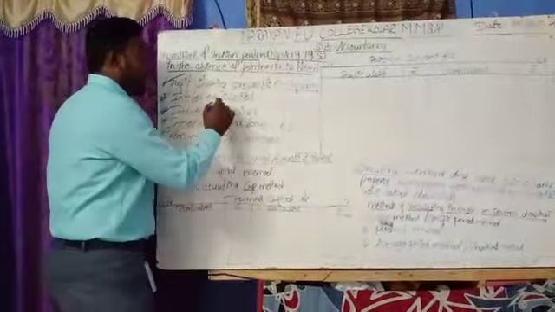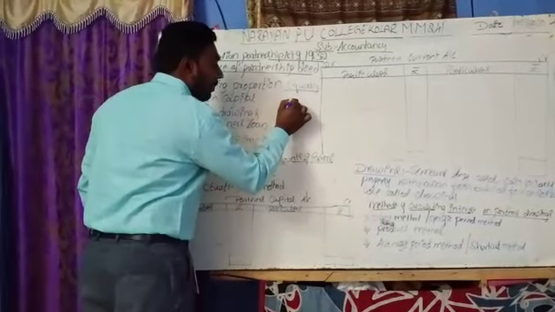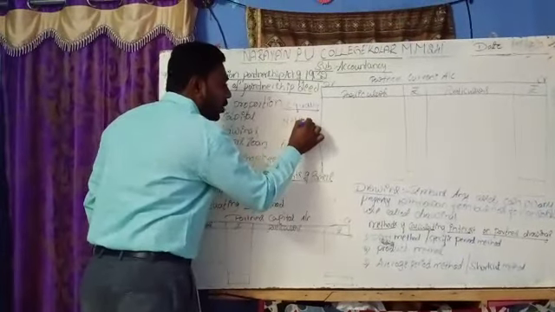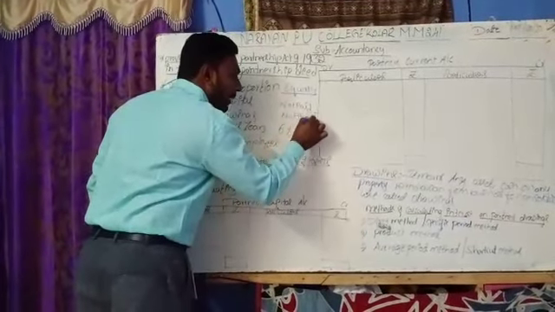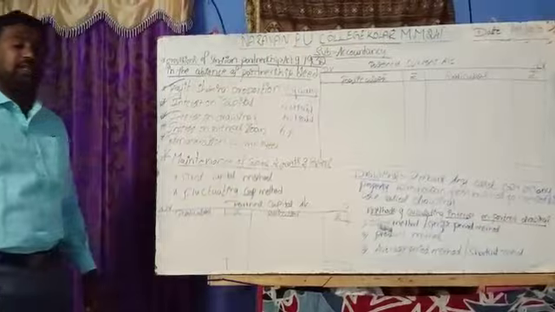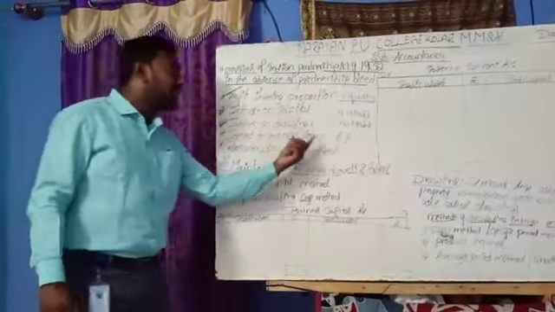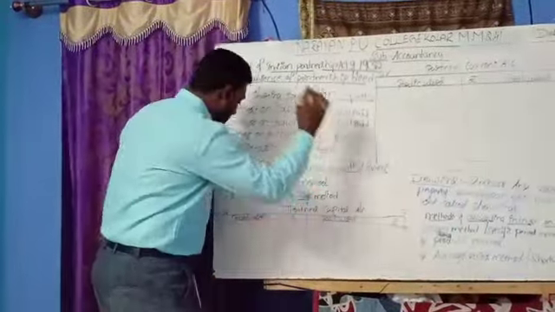Other than this, interest on capital and interest on drawings are not paid and not applicable. But interest on partner's loan is paid at 6% per annum.